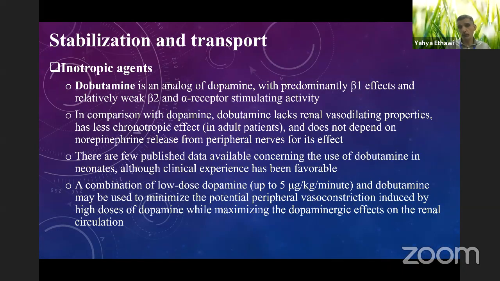And usually I prime it with 10 ml per kg over 1 hour or 2 hours of normal saline. So a combination of low dose dopamine and low dose dobutamine is a very good way. And if you need a higher dose, please consider other options.